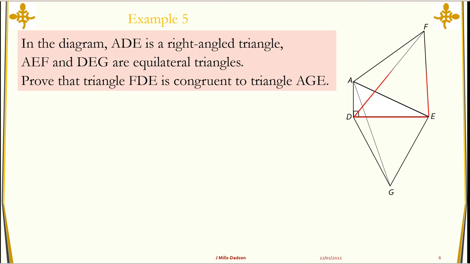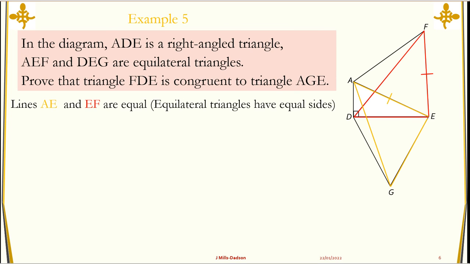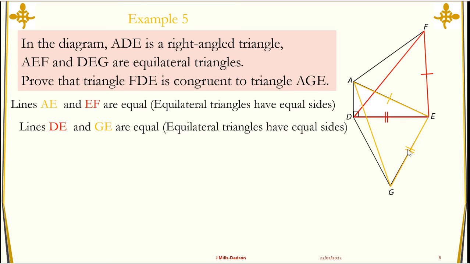Okay, let's check. So we mark with different colors to help us identify the markings. We can say these two are equal because they are the same side of the same equilateral triangle. Also, these two are the same because they are also the same side of another equilateral triangle.